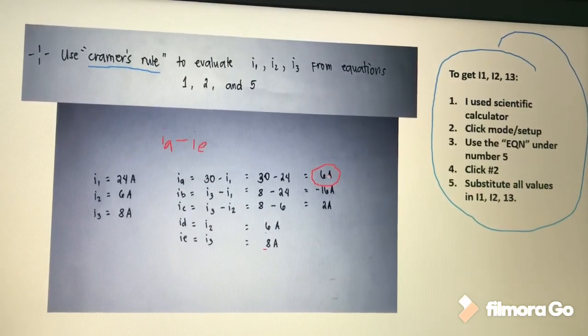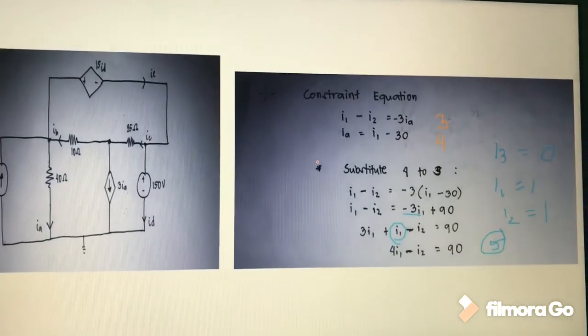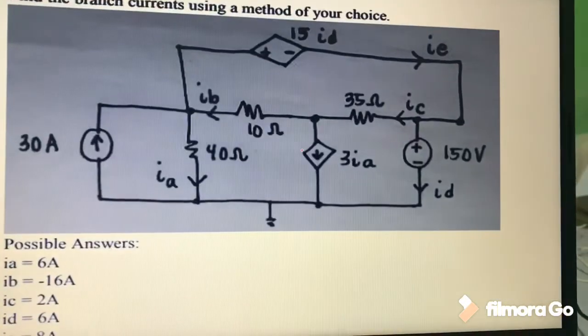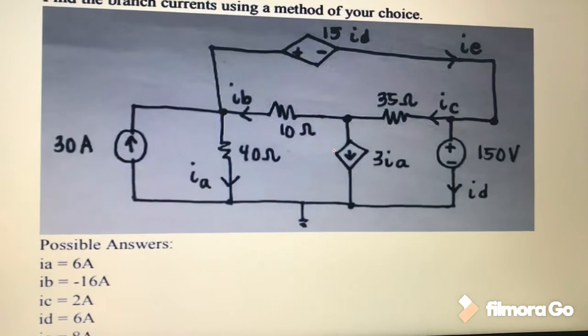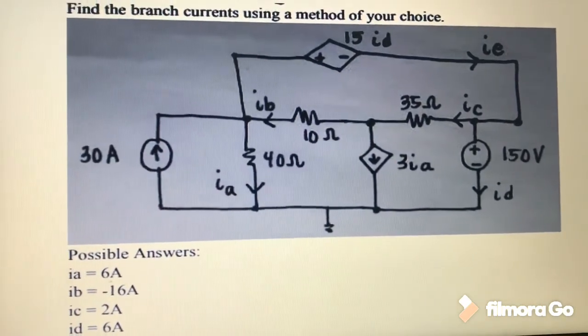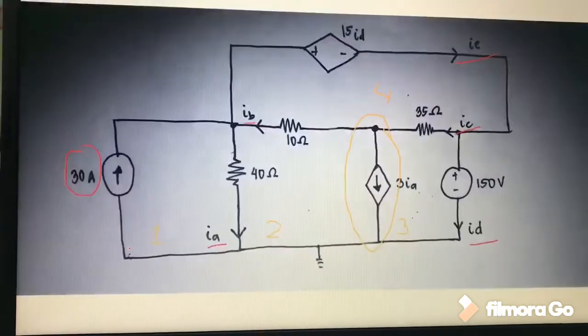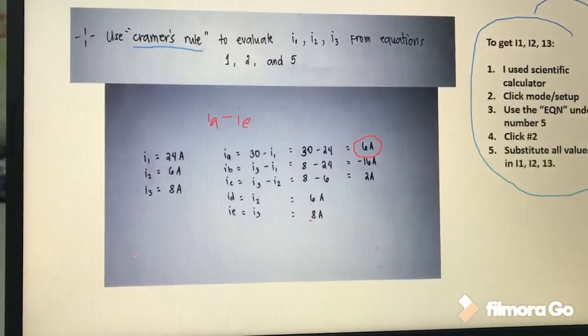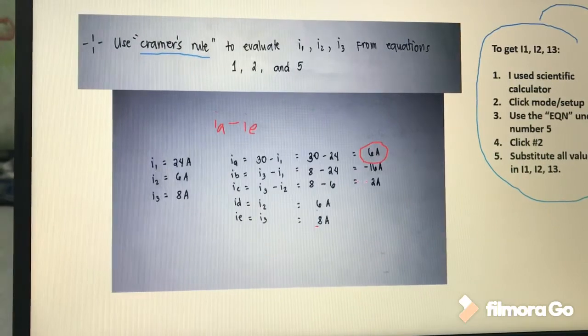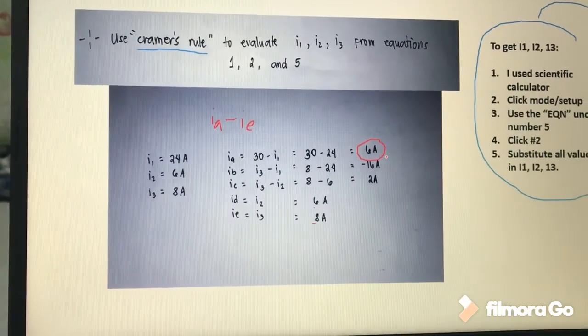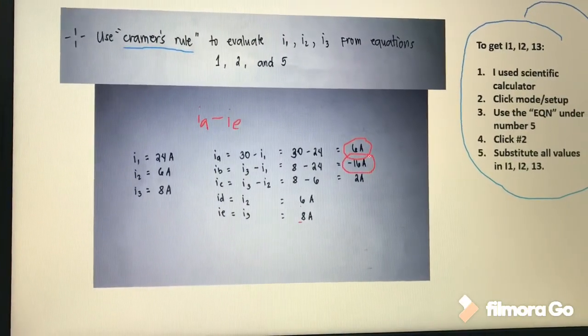So the answer for our IA is 6A. Let us check in the possible answers given if it is correct. So IA is equal to 6A. It is the same. Next is, in the IB, our answer is negative 16A.